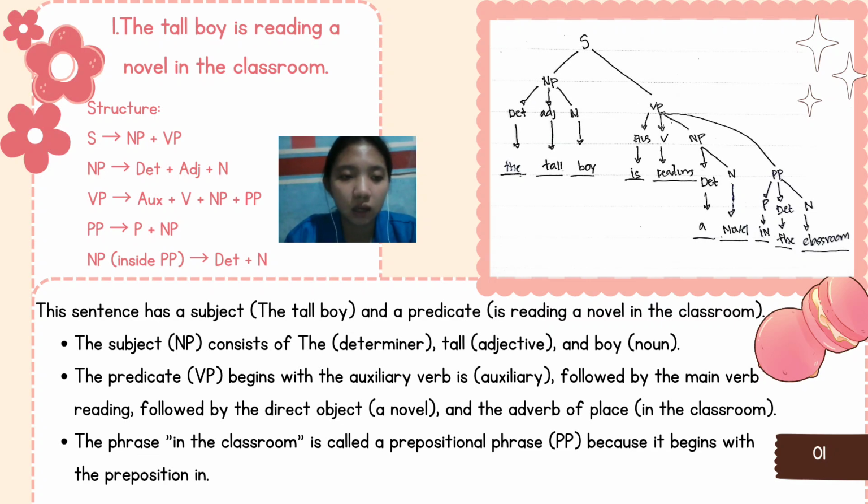The predicate, VP, begins with the auxiliary verb is, followed by the main verb reading, followed by the direct object, a novel, and the adverb of place, in the classroom. The phrase in a classroom is called a prepositional phrase because it begins with the preposition in.